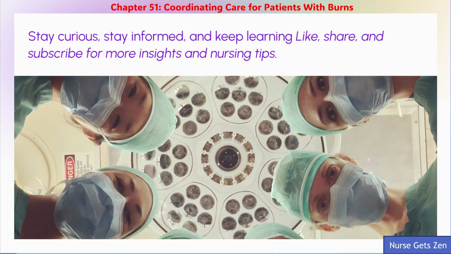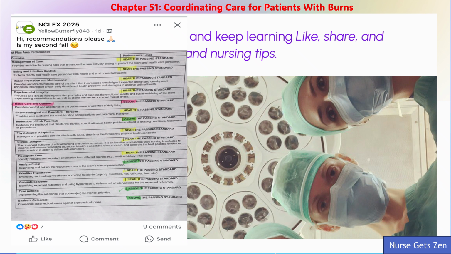So for the NCLEX, they will ask you on those categories here. There are 15 domains. The NCLEX is broken into 15 specific areas, and it's not just about knowing your content, it's about how you apply it in different situations.